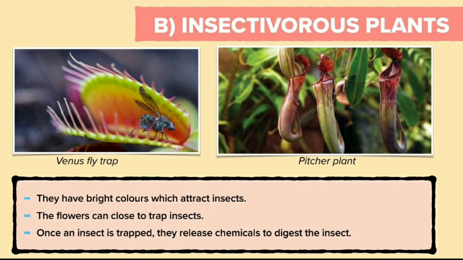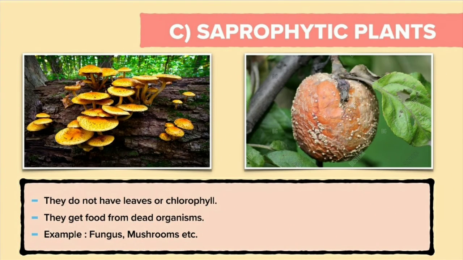The third type is saprophytic plants. Now, plants which obtain the food from dead and decaying bodies of other organisms are called saprophytic plants. They do not have leaves or chlorophyll. So, they get their food from dead organisms.